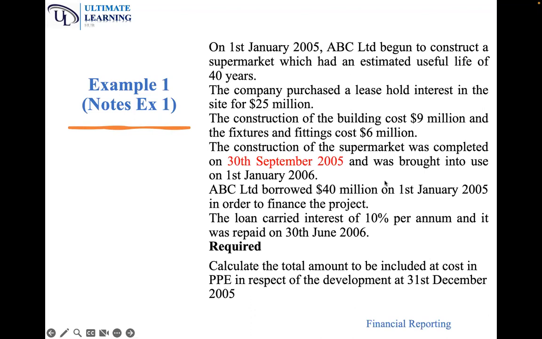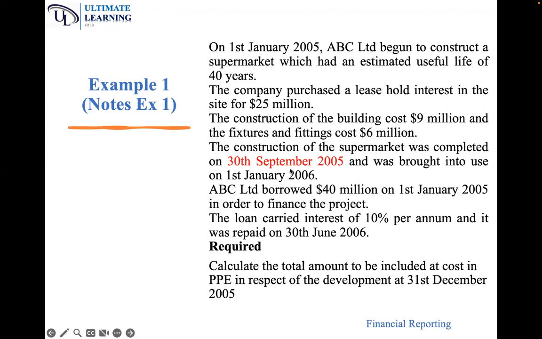ABC Limited borrowed $40 million on 1st January 2005 in order to finance the project. The loan carried interest of 10% per annum, and it was repaid on 30th June 2006. Required: calculate the total amount to be included at cost in the property, plant, and equipment in respect to the development at 31st December 2005. So that's the first question we'll focus on.